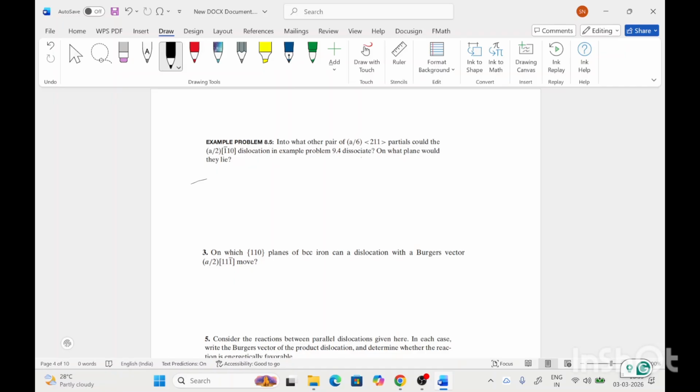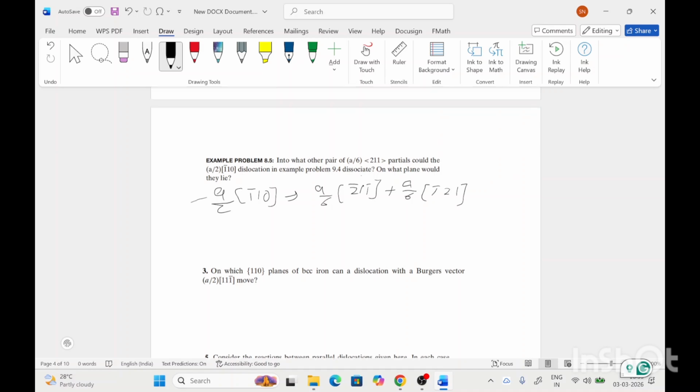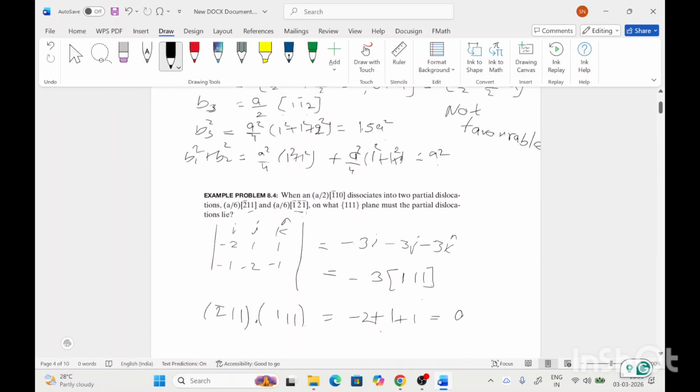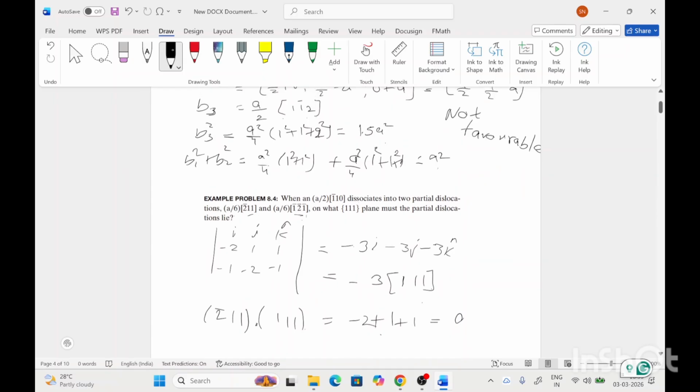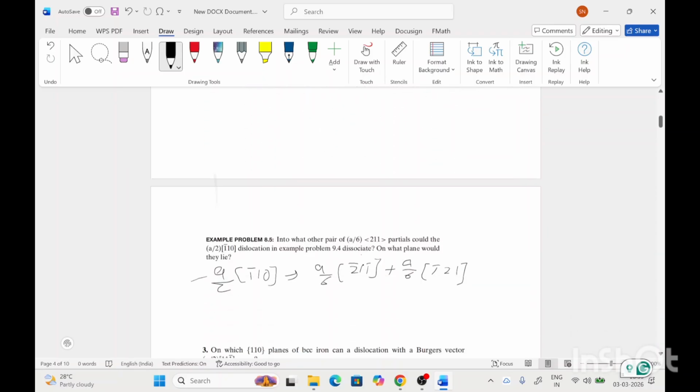So this a by 2 bar 1 1 0 can dissociate into the other partials a by 6 bar 2 1 bar 1 plus a by 6 bar 1 2 1. So these two partials are different from the previous partials, a by 6 2 bar 1 bar 2 1 1 and a by 6 bar 1 bar 2 bar 1. So these are different.